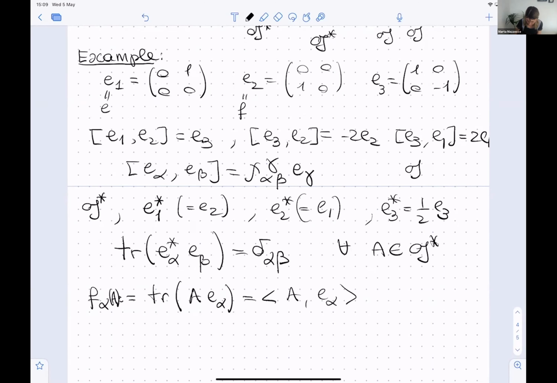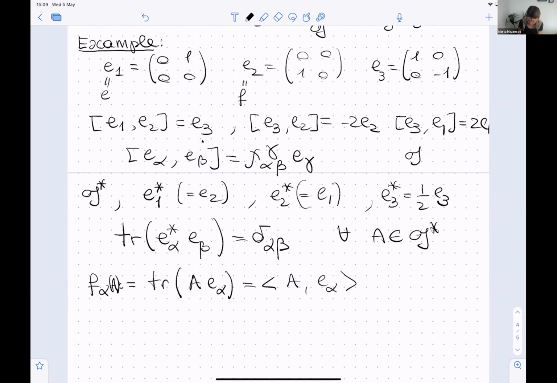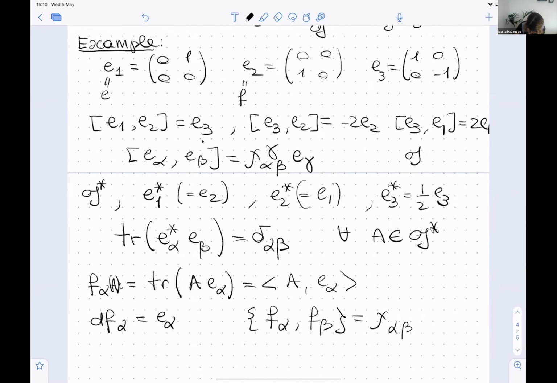When we compute the differential of this function, it is actually E alpha itself, and so the Poisson bracket on these functions, f alpha and f beta, satisfies essentially the same formula as the commutation relation.